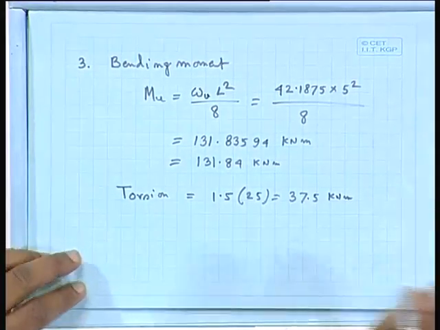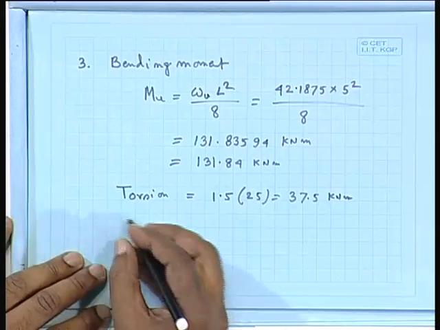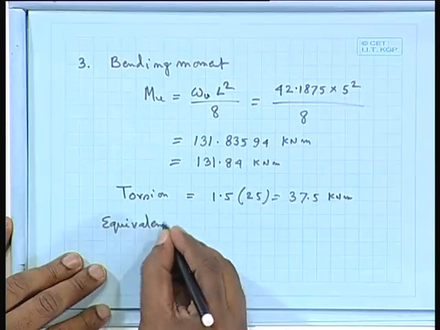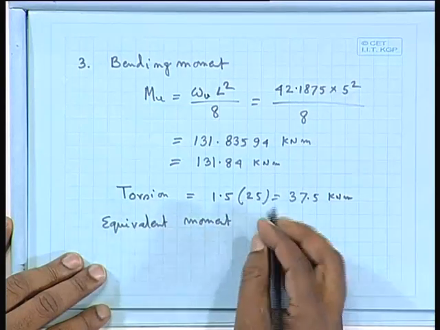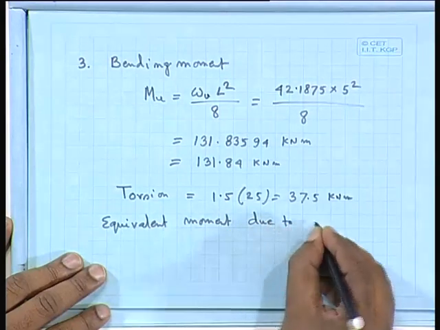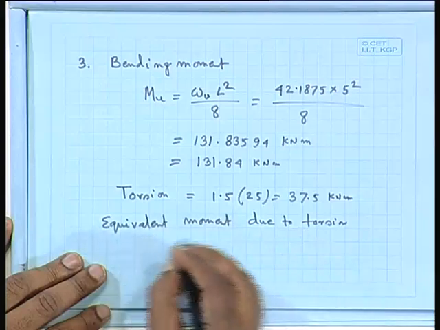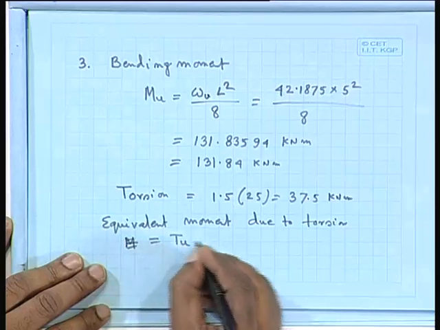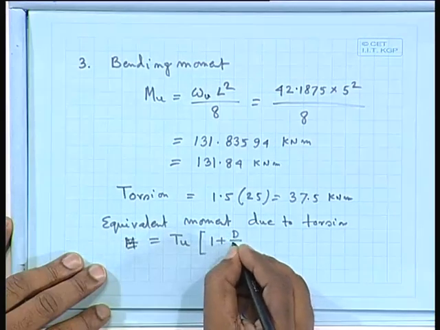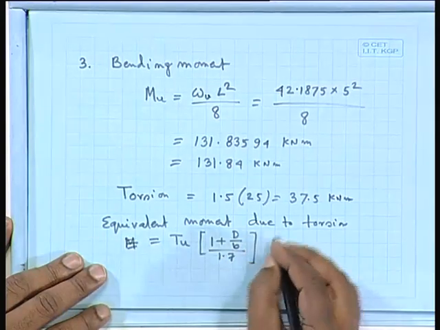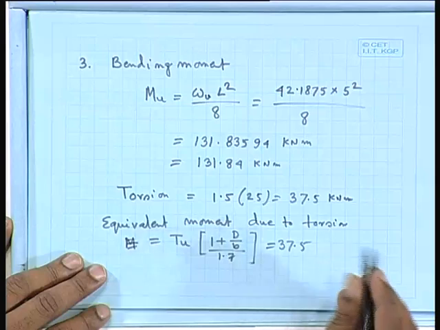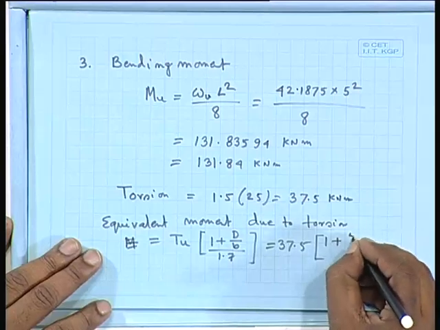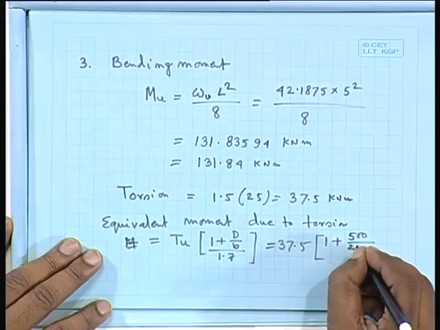So we can find out the equivalent moment due to torsion, equal to Tu times 1 plus D by B divided by 1.7, equal to 37.5 times 1 plus D, we have taken 500, B we have taken 250.